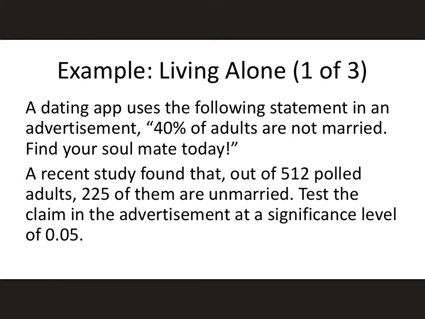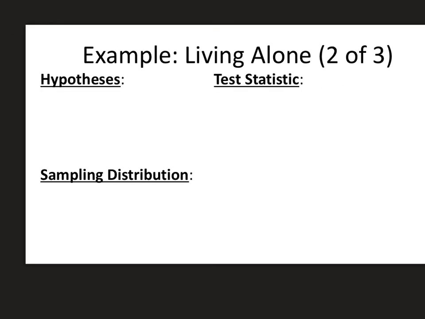Okay, so the first thing that we are going to do is write our hypothesis, but we need to figure out what the claim is. We're talking about a population, and it says 40% of adults are not married. So that means P equals 0.4. That will be our claim. Let's write our hypotheses.